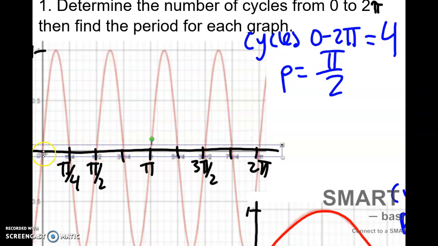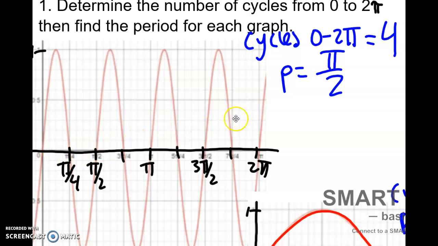So how many cycles are there? Well, there's 1, 2, 3, 4. So there are 4 cycles. And then what is the period? How long does it take to go through one complete cycle? If you notice on this first one, it went from 0 to pi over 2, so the period is pi over 2.